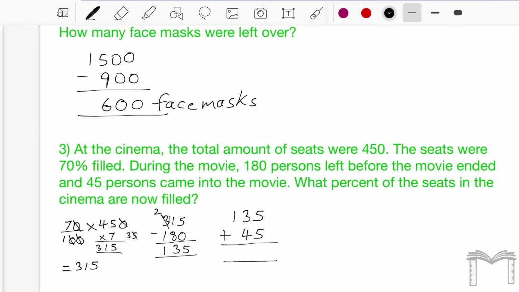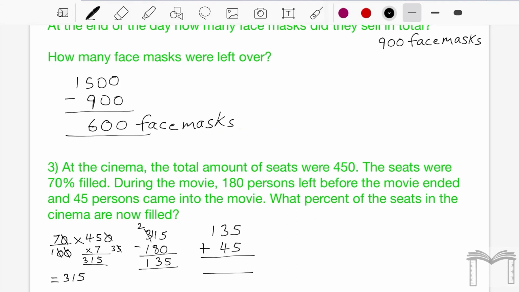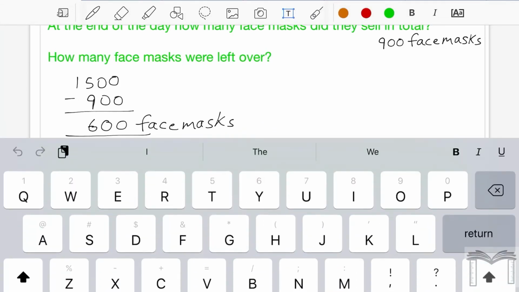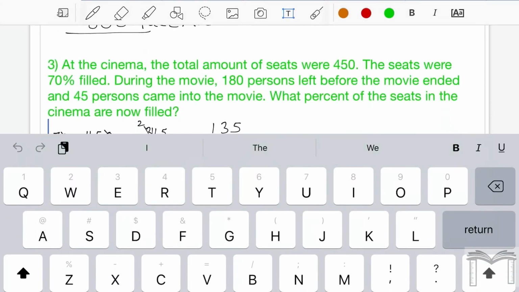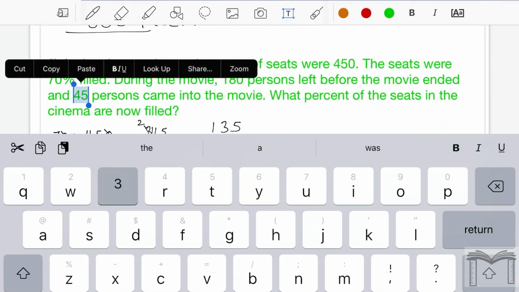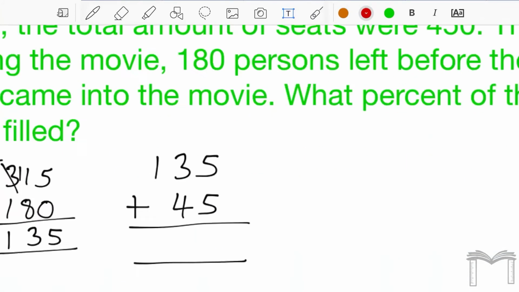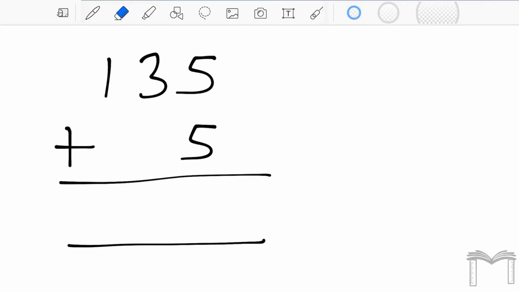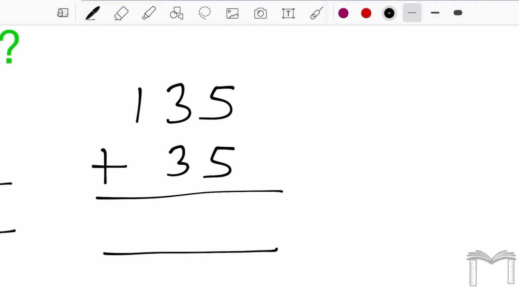So this here is a typo. This is supposed to be 35, so let's change that. And we will change this as well. So 135 plus 35, this will give us 170.